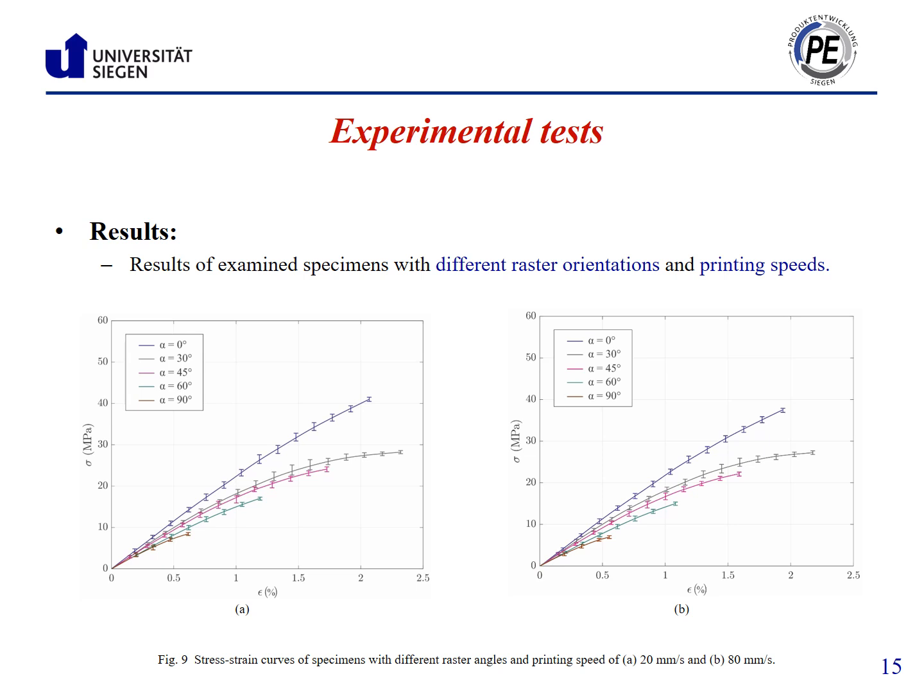The curves on the right side are related to the specimens fabricated with a printing speed of 80 millimeter per second. Similarly, the specimens with 0 and 90 degree raster directions showed the highest and lowest stress respectively. In both cases, the printed specimens with 20 millimeter per second and 80 millimeter per second, the stress value decreases as the raster angle increases.